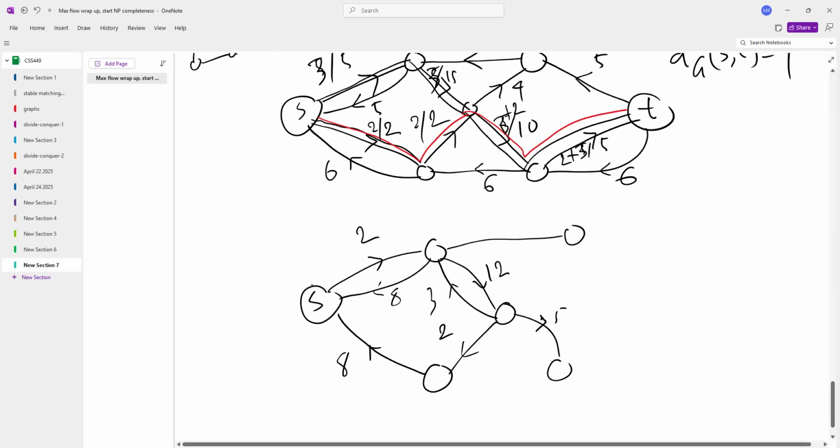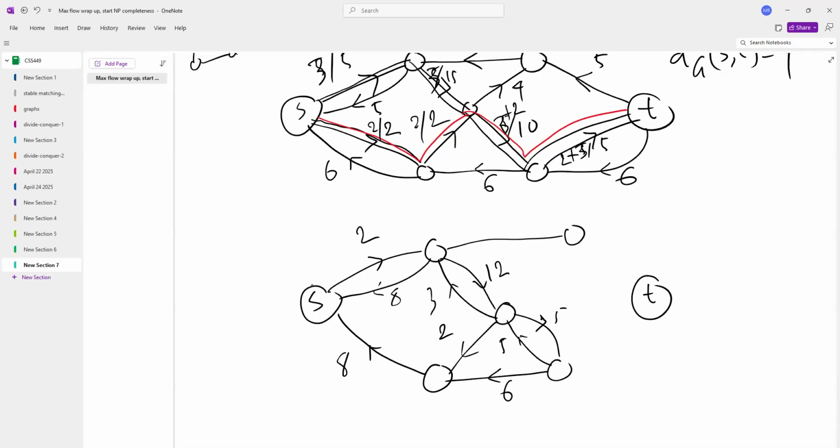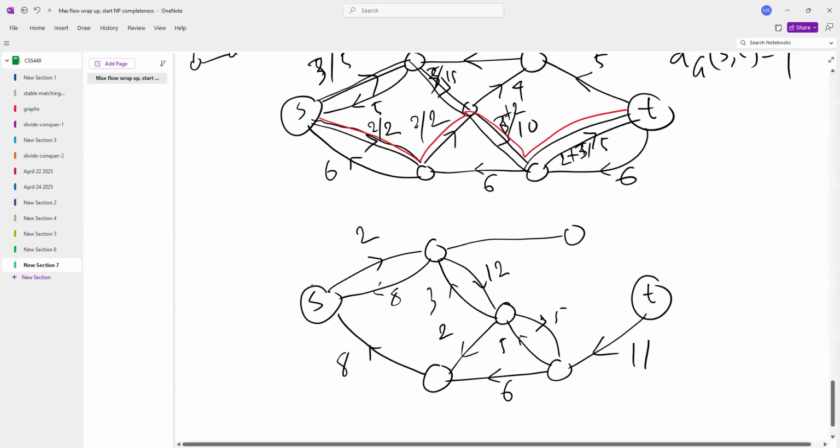So forward we still have 5 left, and backward we have a new 5, right? And this stays the same. And then, oh, 6, we used the 5 again, and previously we had 6, so just 11 in the reverse. And then this one we didn't use, this is still 4, and then this was 5.